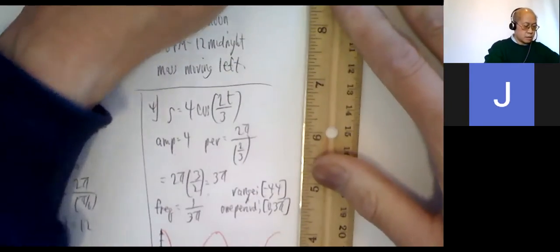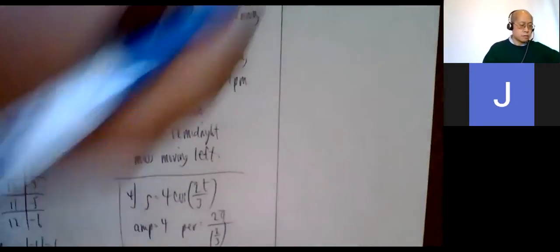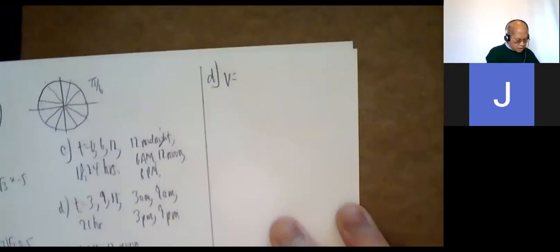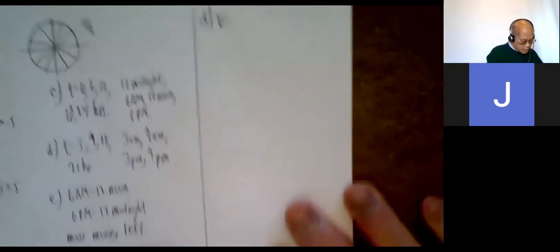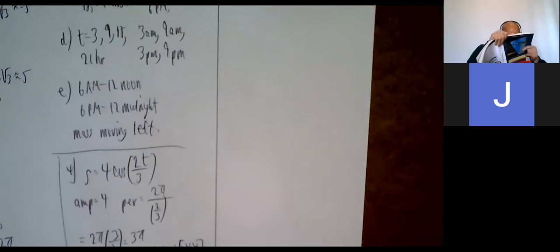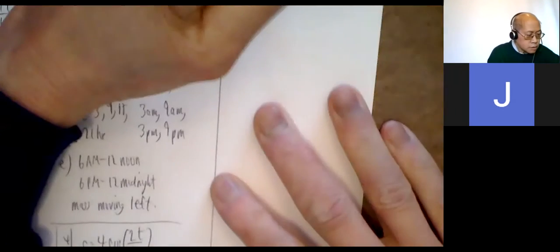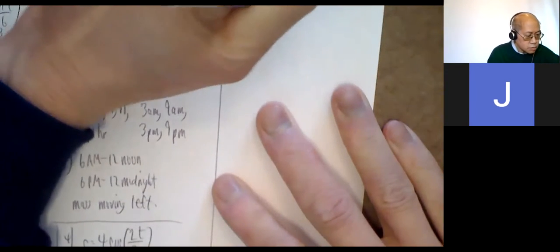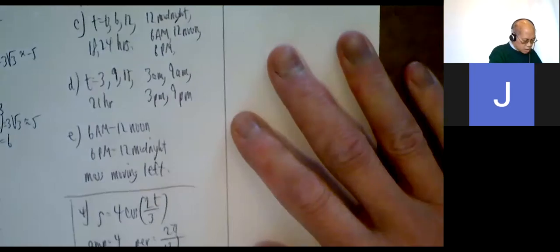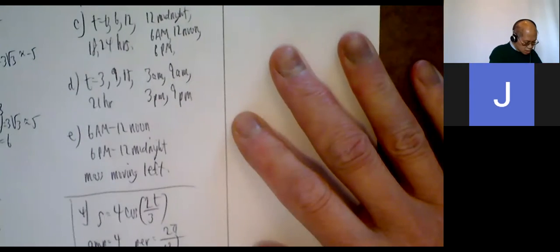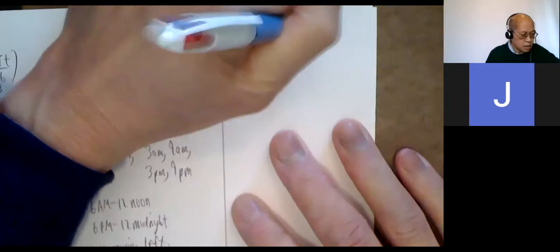Let me get that. The velocity function, you write it down again: -8/3 sine 2t/3.